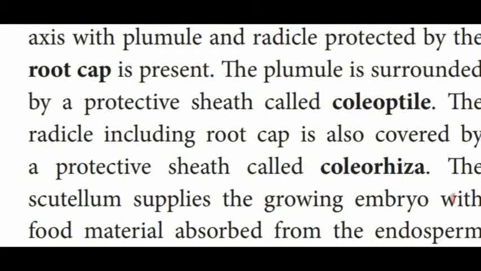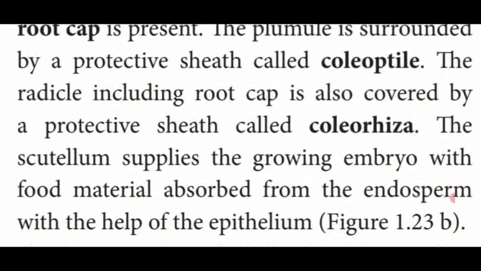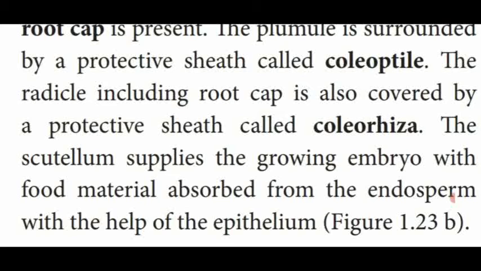Then, the plumule is surrounded by a coleoptile. The root is surrounded by a coleorhiza. In this dicot, both tegmen and testa are fused, but here they are not fused together.